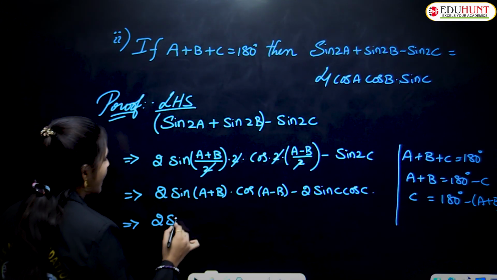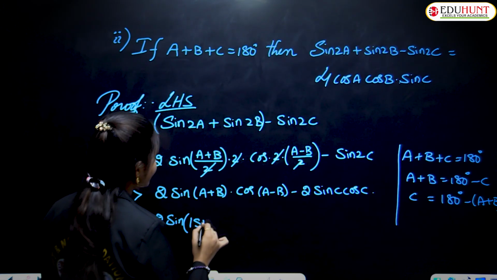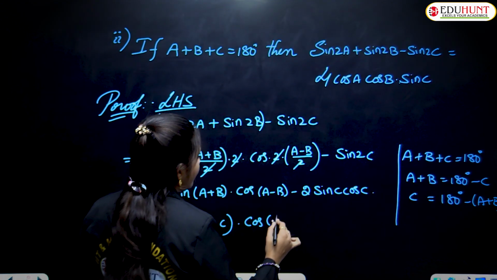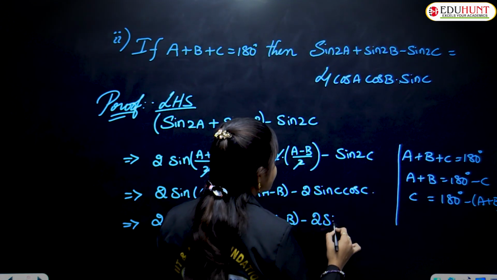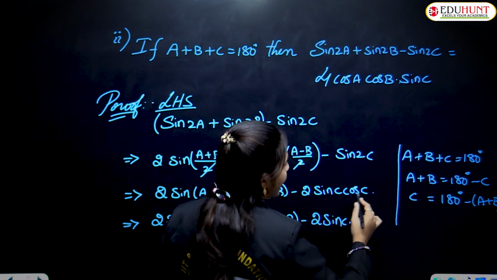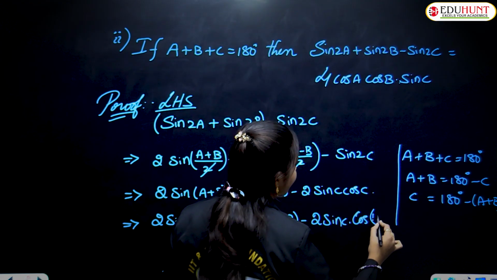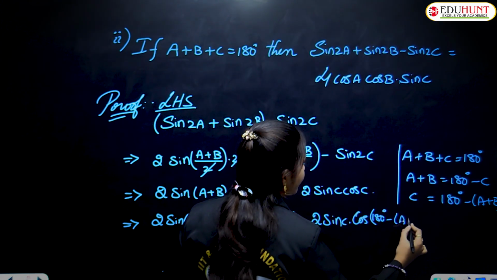So 2 sin (A plus B): in the place of A plus B we can write 180 degrees minus C, into cos (A minus B), minus 2 sin C. Don't change that sin C. So 2 sin C into, in the place of cos C, we can write cos of 180 degrees minus (A plus B).